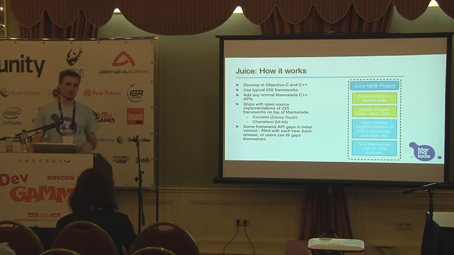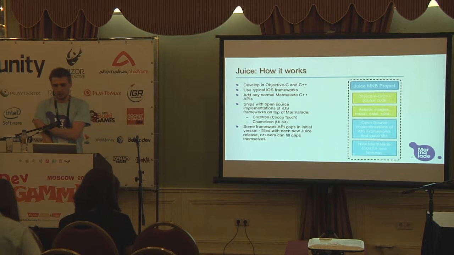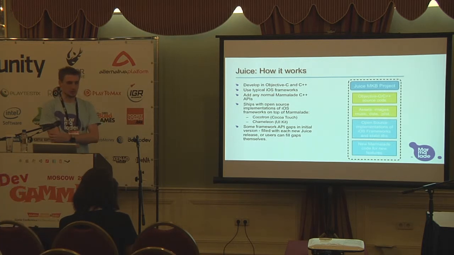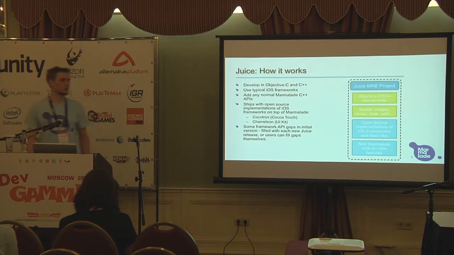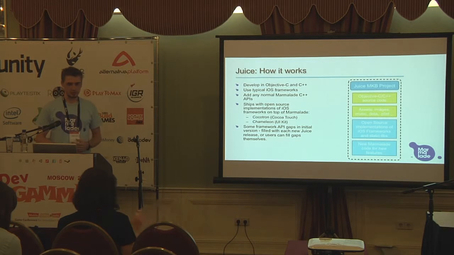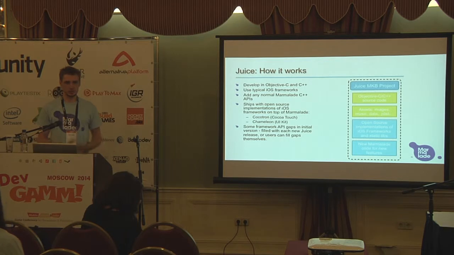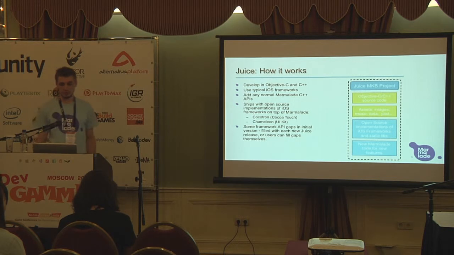We have a priority list of APIs that should be added, and we release new versions of Juice quite often compared to our original project. It always brings new functionality and new APIs, which is good. It's open sourced; you need a Marmalade license for that, and you can contribute to it.